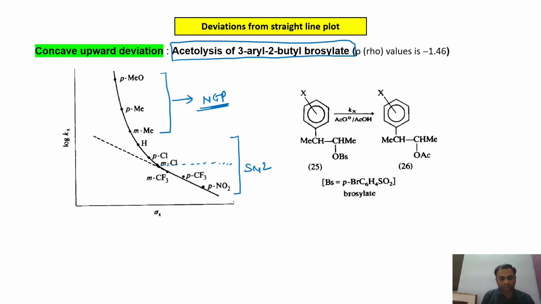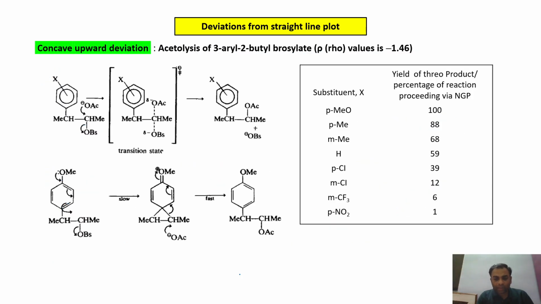As the rate of the NGP mechanism is exceptionally faster, these substituents now appear out of line, as the rate of reaction exceptionally increases, and therefore the straight line deviates. Deviation in the straight line appears. So these are the stereochemical evidences for the NGP mechanism.